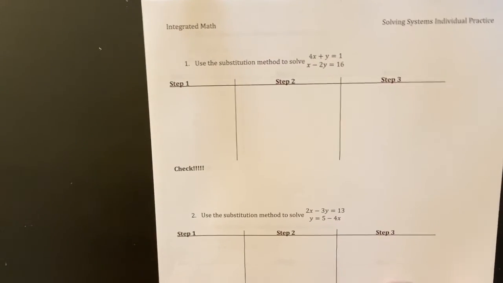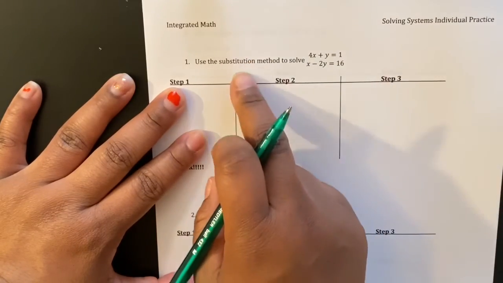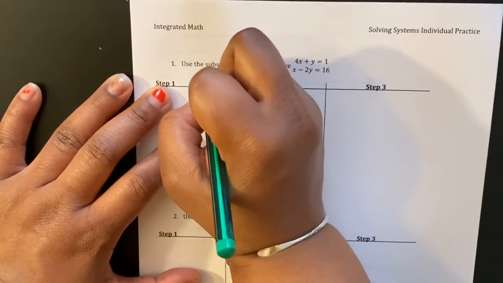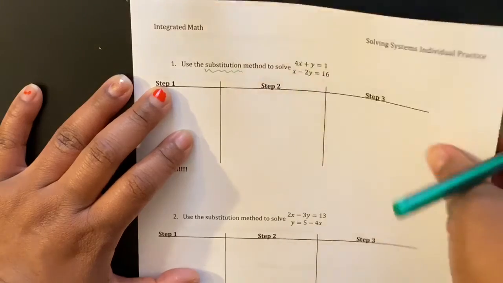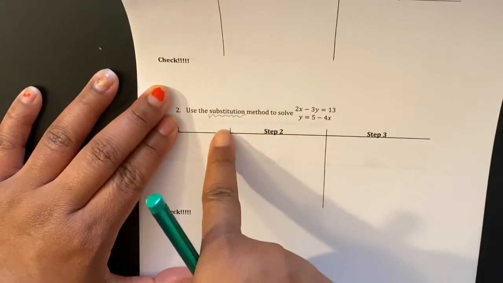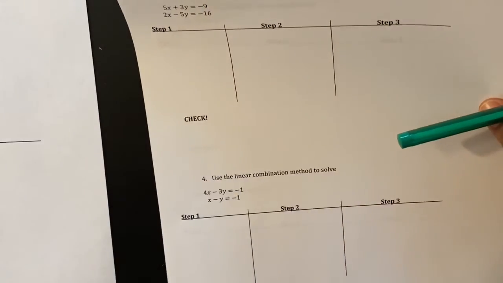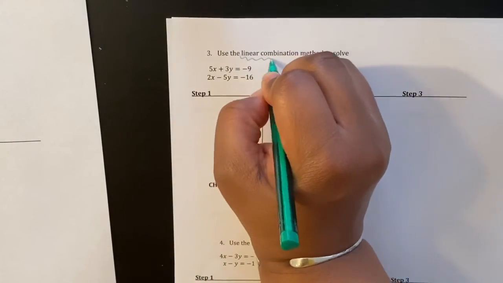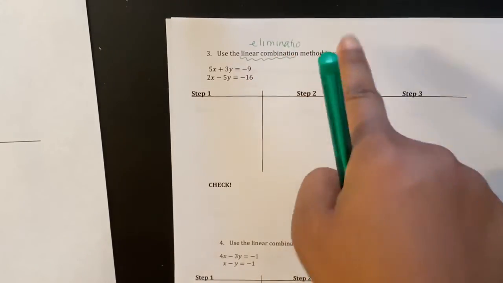Okay. Now, I want you to make sure you recognize that each problem tells you which method to use. So the first says use substitution to solve this system. The second says use substitution to solve this system. The third says use linear combination or elimination to solve the system.